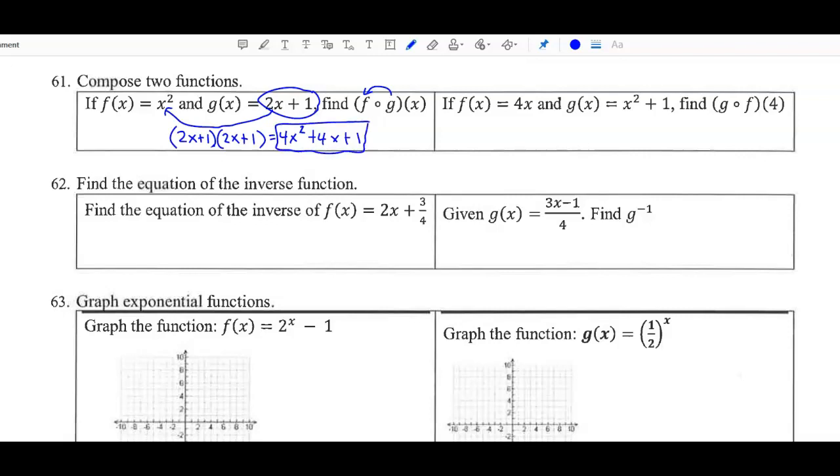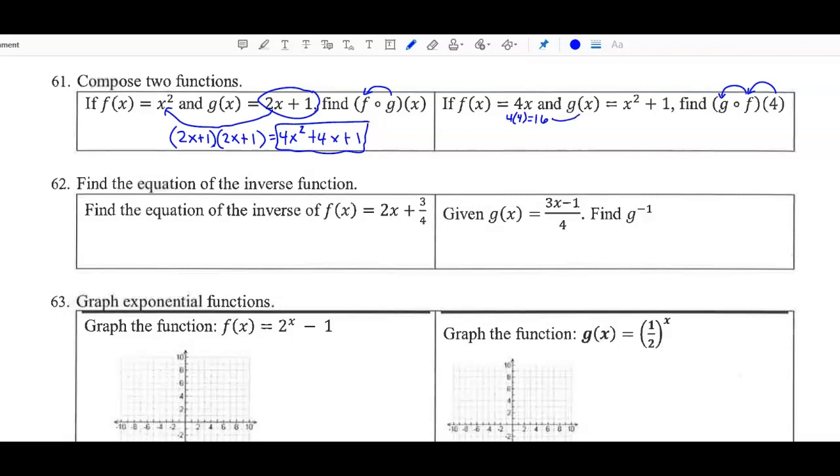However, on this one, notice it's saying put a number into f, and then take that answer and put it into g. Right? So we're putting 4 into our f equation first. So 4 times 4 gives me 16, and then I'm taking that 16 and putting it in place of x in my other one.